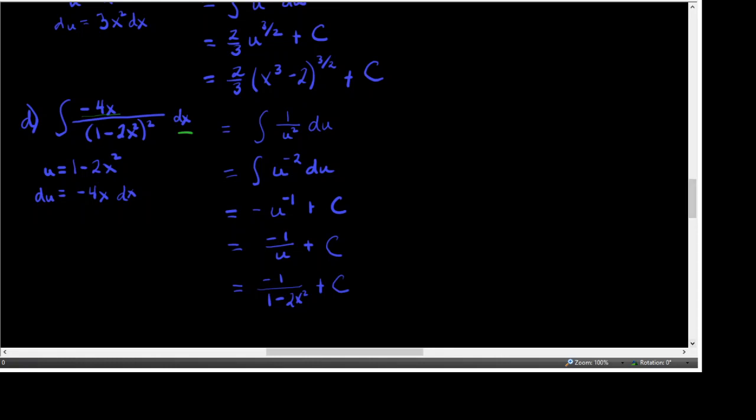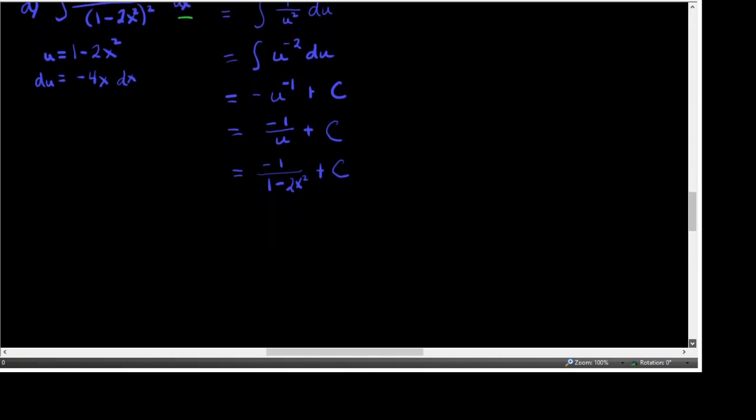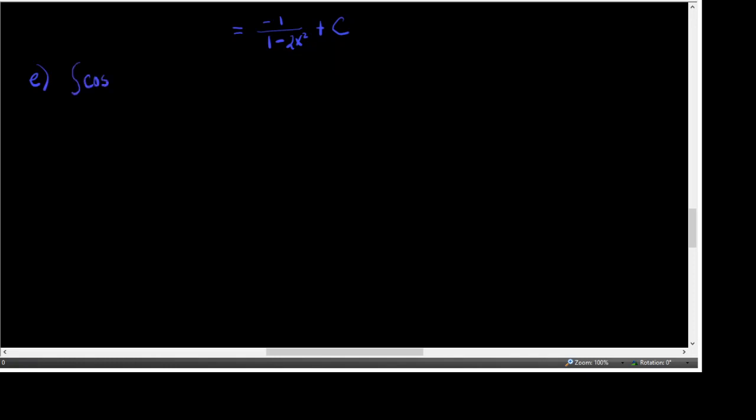All right. So our next example, example E, has us integrating cosine squared x times sine of x dx.